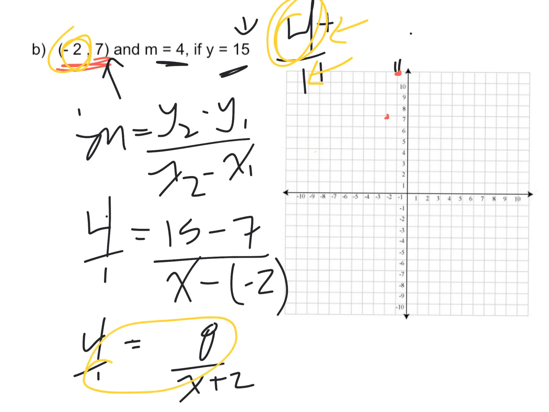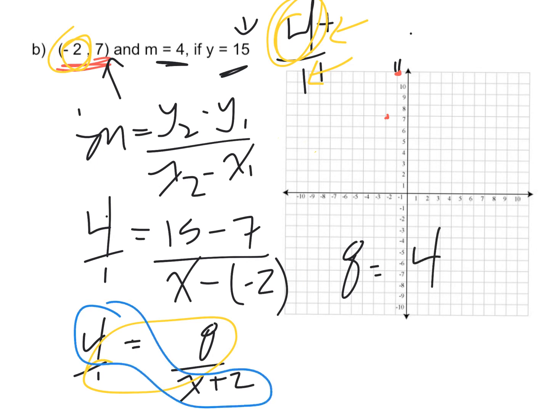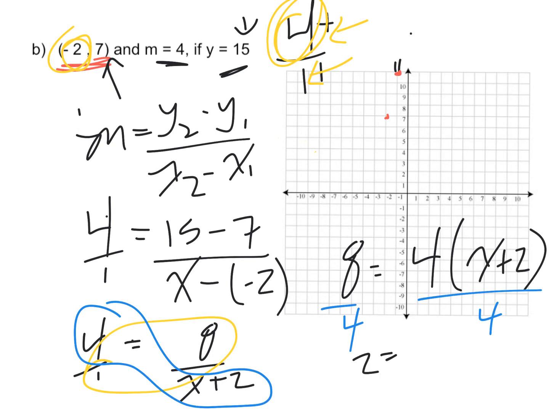Okay, so now I'm going to cross multiply. 1 times 8 gets me to 8. And then I cross multiply 4 and x plus 2. So then I go 4 times x plus 2. I'm going to divide by 4, divide by 4. 8 divided by 4 is 2. My 4's cancel out.